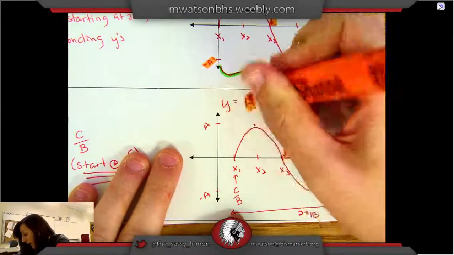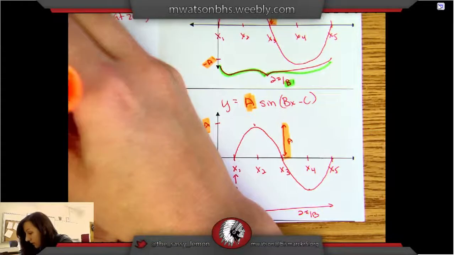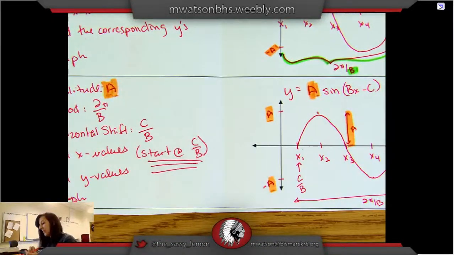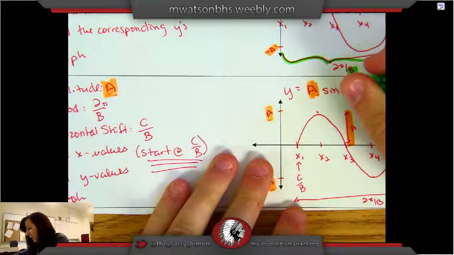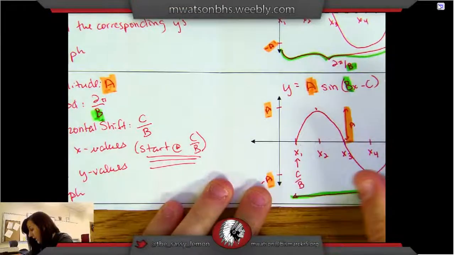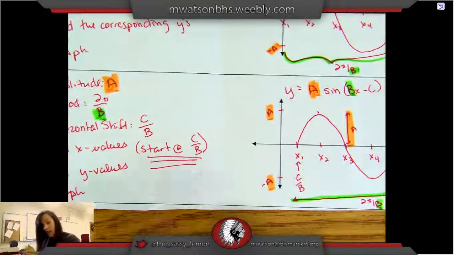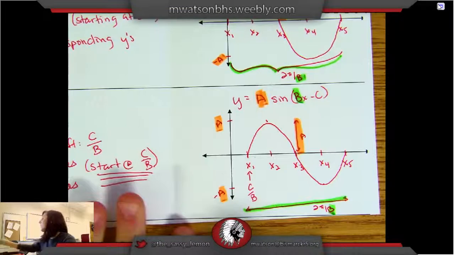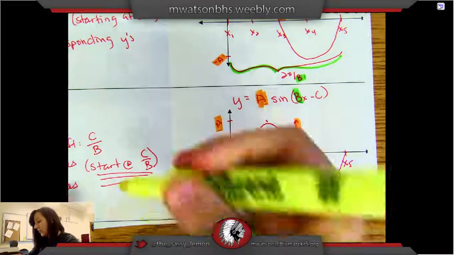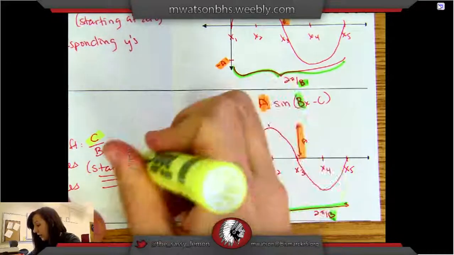There's my A. So that's how my amplitude has changed. You can see my period is 2 pi divided by B. So it changes how long the wavelength is. And then one more thing is now our horizontal shift. So that's C over B.